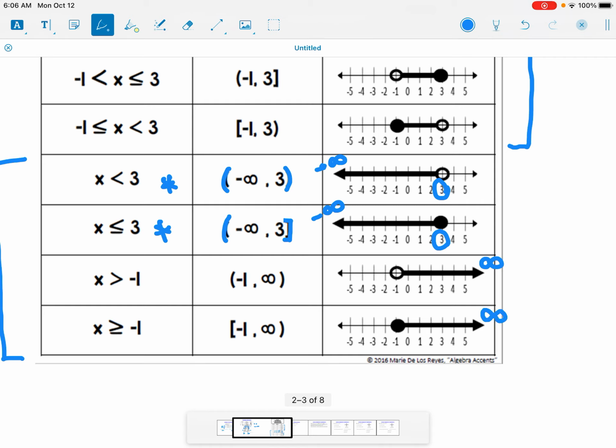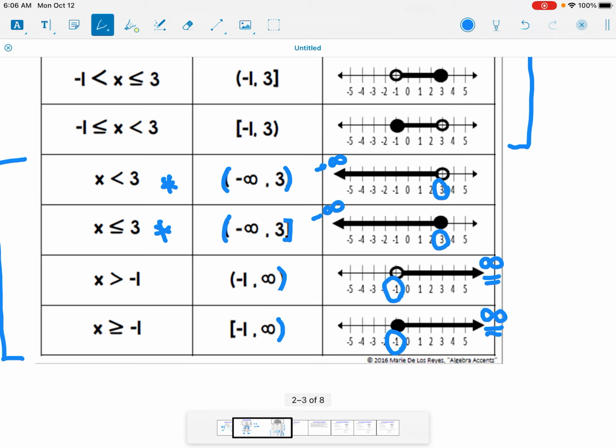For both of these, they start at -1, and then they never end, so we use infinity to imply that. And again, notice that the infinity symbols use the round parenthesis because there's not a single actual number that you can equal. And in this case, because the positive infinity is on the right side, it is the larger number, so that is listed second in the interval.